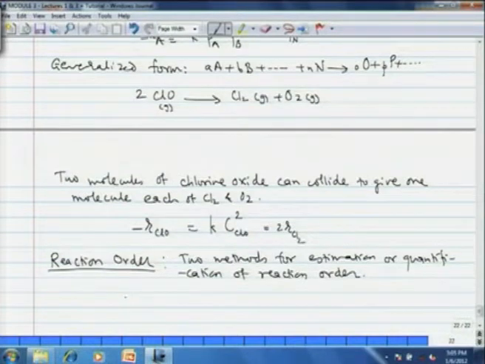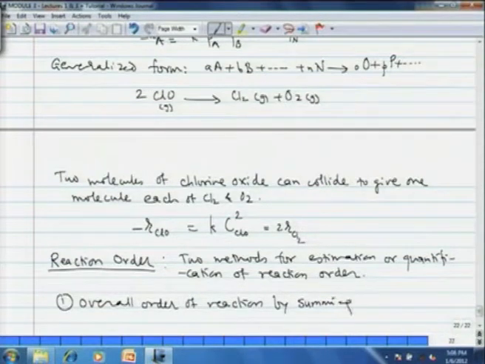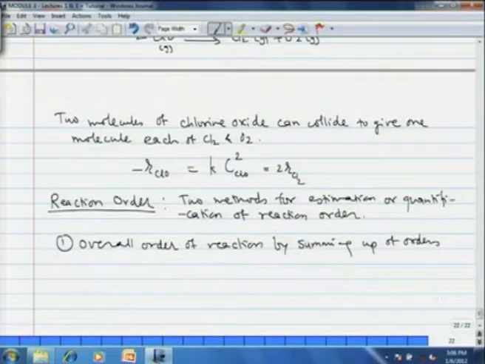First is the overall order of reaction, by summing up the orders with respect to all reactants that are involved in the production of a particular product.